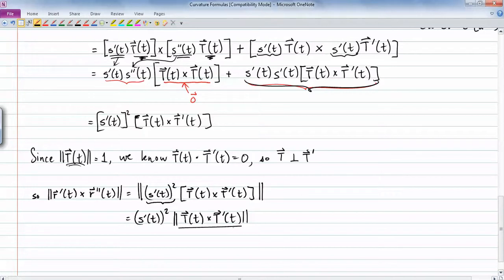So you might remember this rule from way back. U cross V is the area of the parallelogram defined by U and V, right?